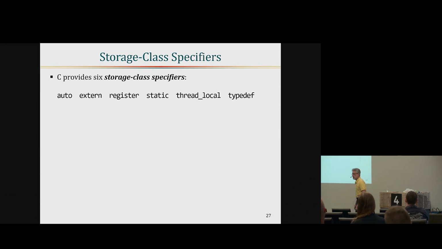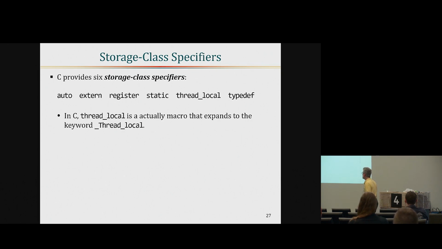From a language perspective, this is largely driven by keywords in the language known as storage class specifiers: auto, extern, register, static, thread local, and typedef. That's the current set in C. Now, a couple of things to note. One of them is that thread local is actually not a keyword.